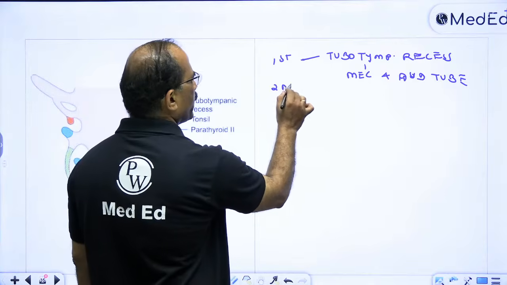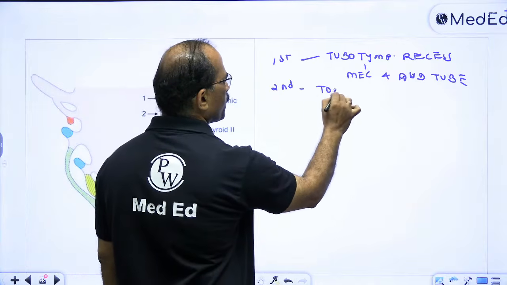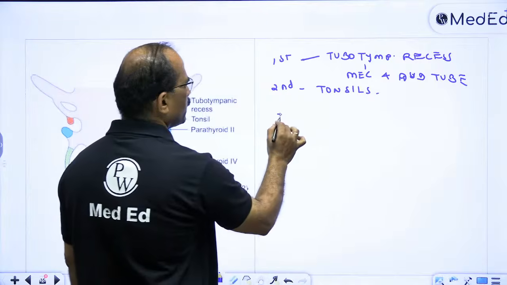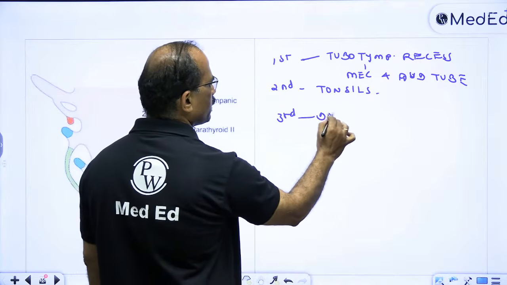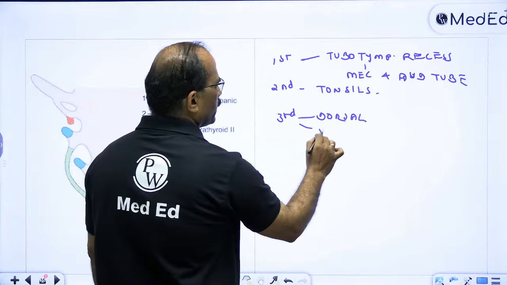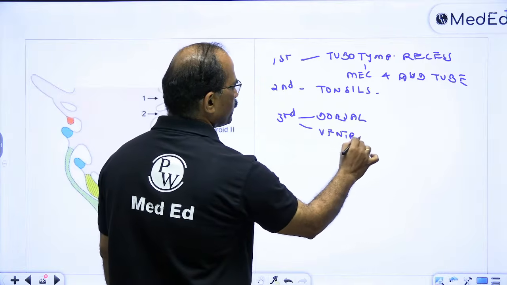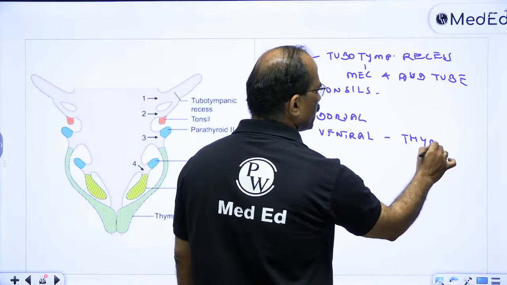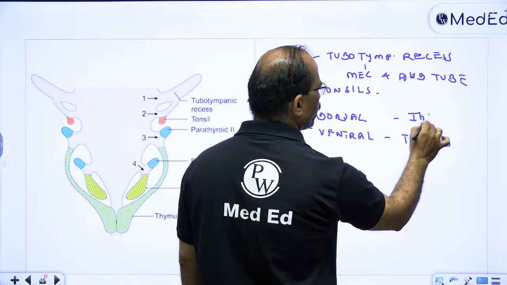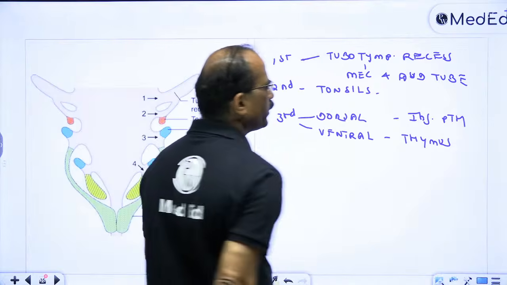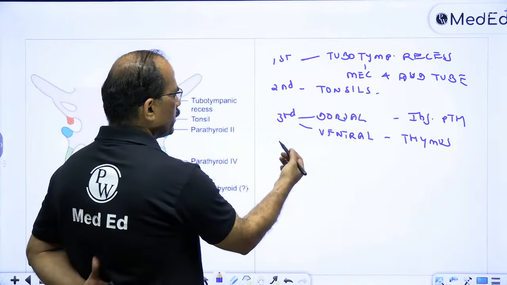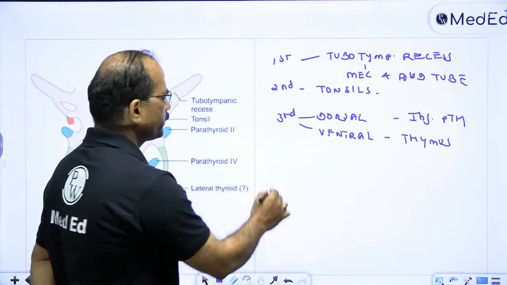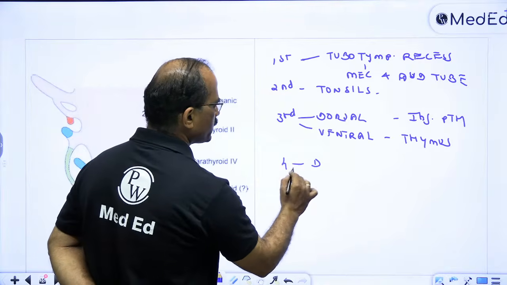The second endodermal pouch forms the tonsils. The third divides into a dorsal and a ventral part. The ventral part forms the thymus, and the dorsal part forms the inferior parathyroids. The fourth divides into a dorsal and ventral.